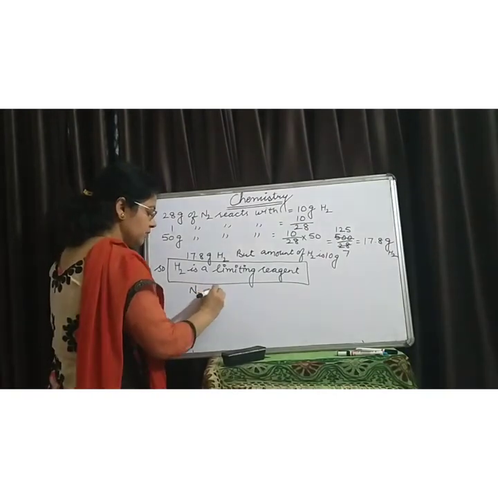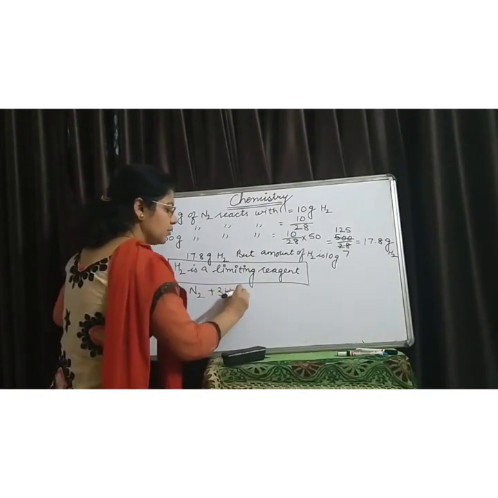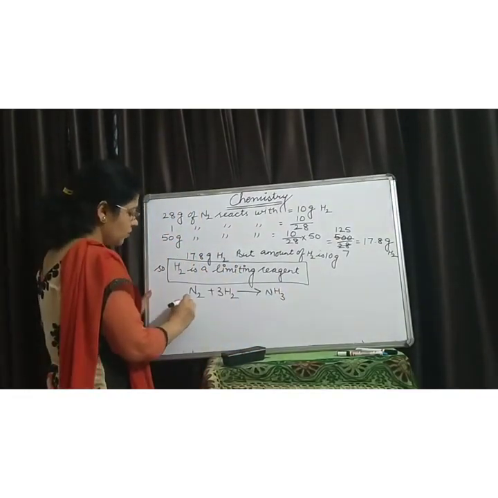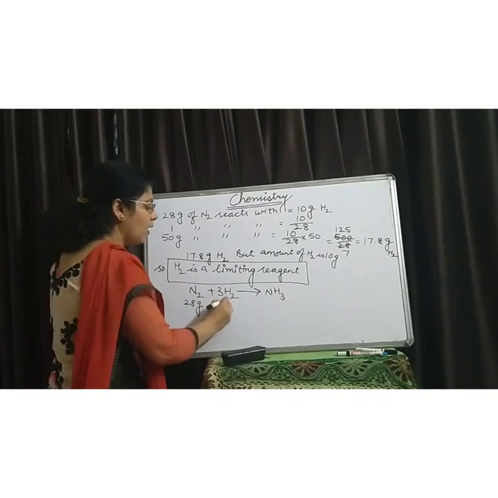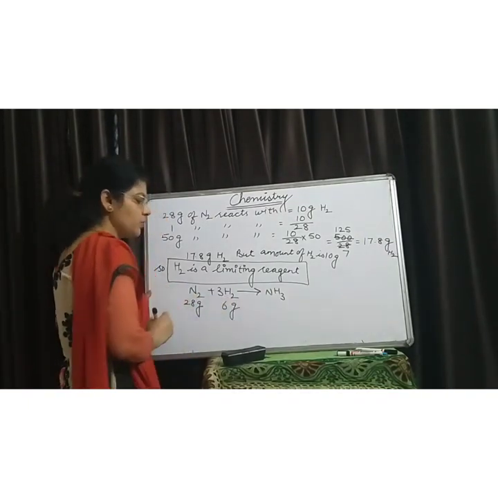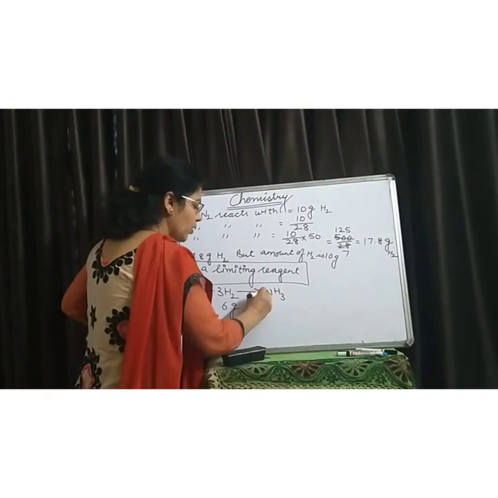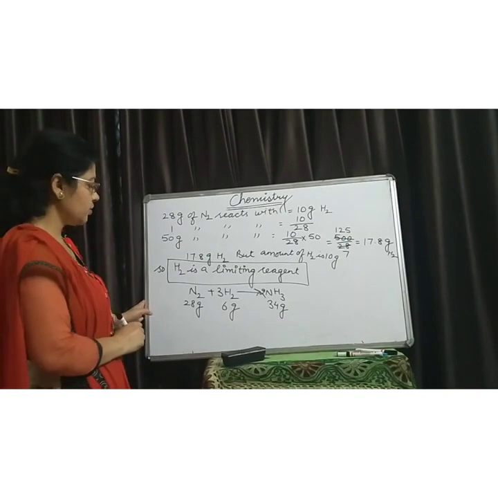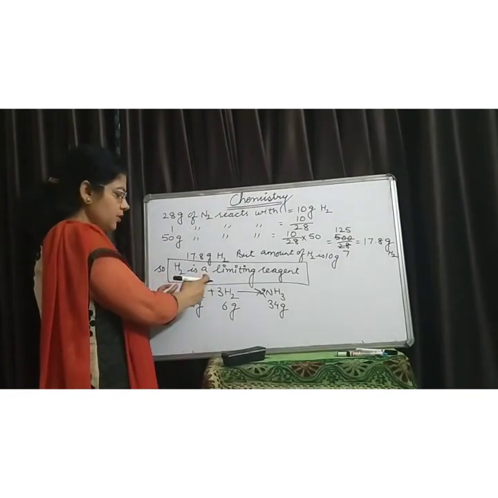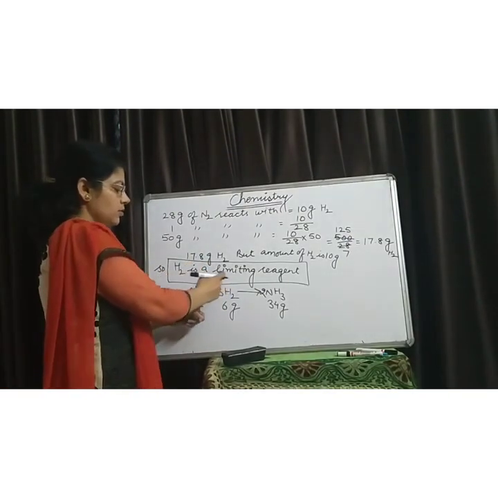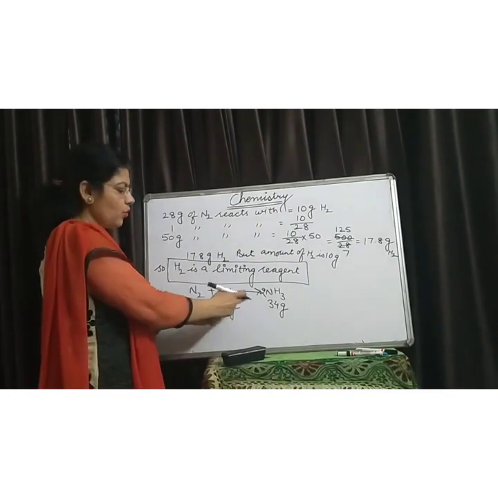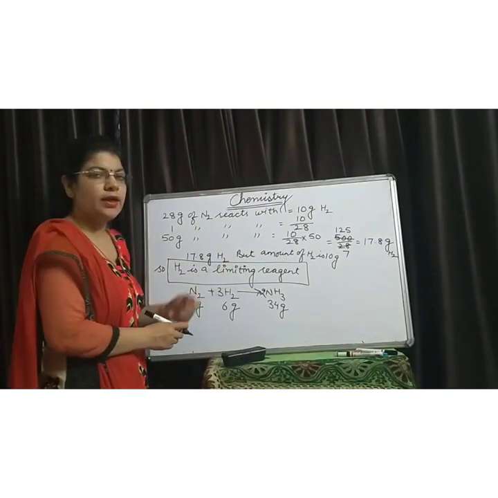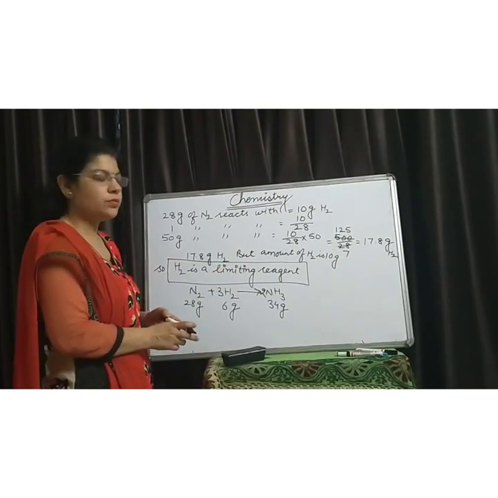For ammonia, again we need the balanced chemical equation in which 28 grams of nitrogen reacts with 6 grams of hydrogen, so that the amount of ammonia is 34 grams. In this question, hydrogen is the limiting reagent, so we use hydrogen for solving the amount of ammonia, because it is the only reagent which is consumed completely.